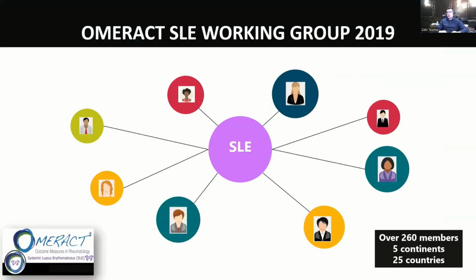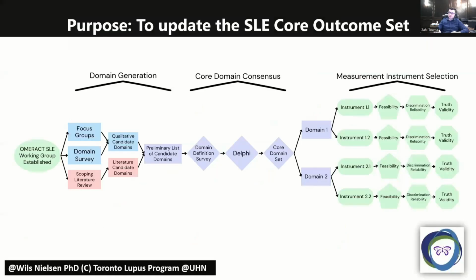And as you know, in 2019, we re-established the OMERACT SLE working group. And at this level, we have over 260 members who joined this group, representing 5 continents and 25 countries. And the purpose of this effort really is to update the SLE core outcome set.